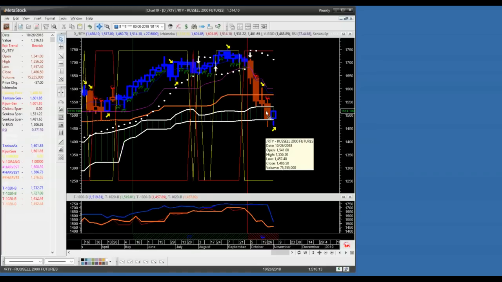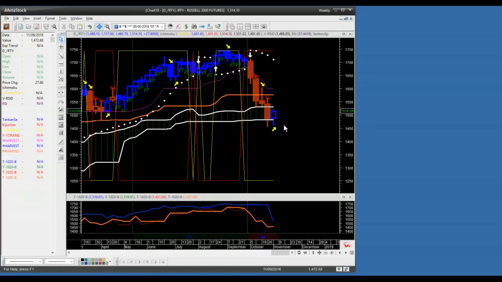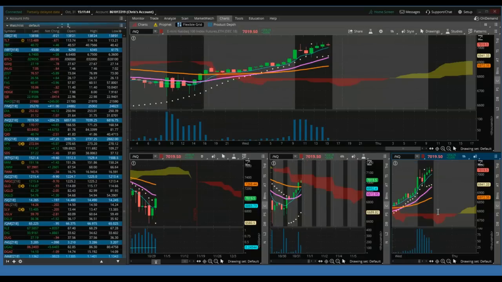So that is an example, just one example. But trading equities is hard. It's hard to deal with because you're going to have some equities that don't have extended trading hours or pre-market hours.